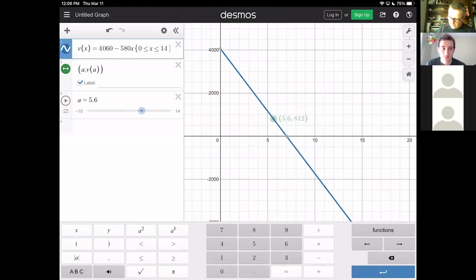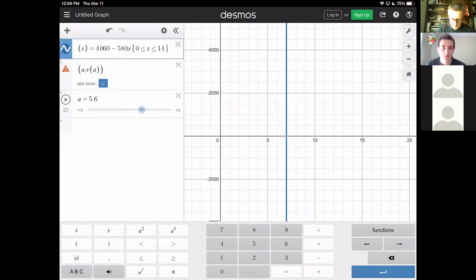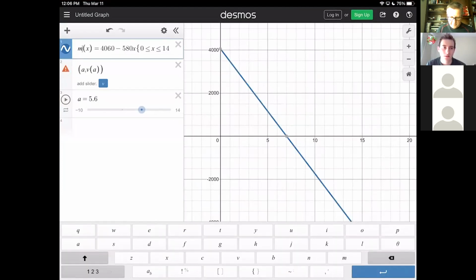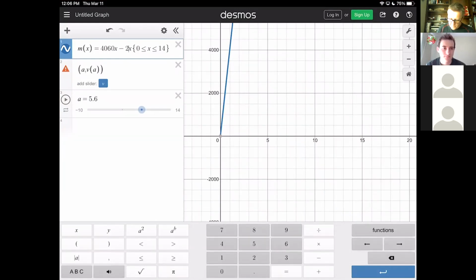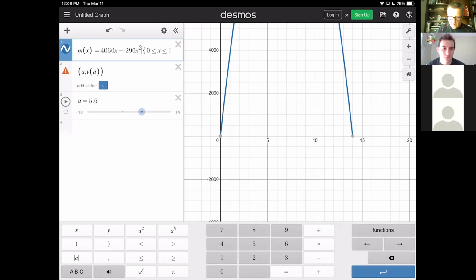I'm going to just kind of get rid of this one and say the moment as a function of x. And we got 4060x minus 290 and then that x was squared.